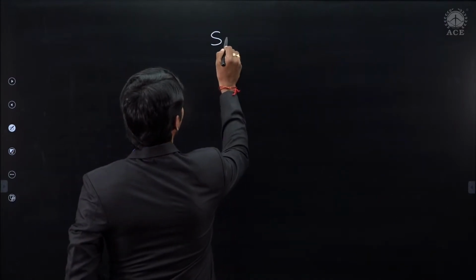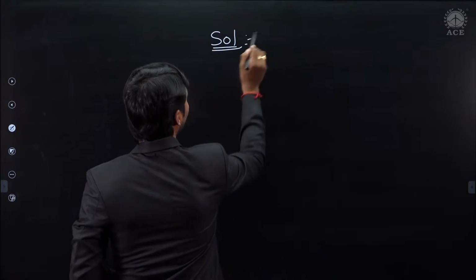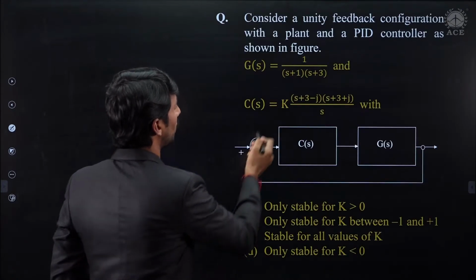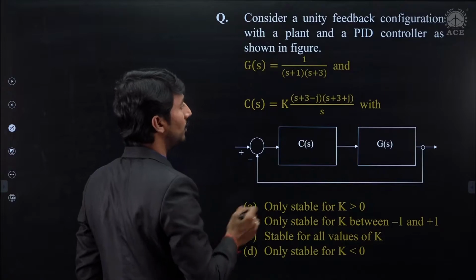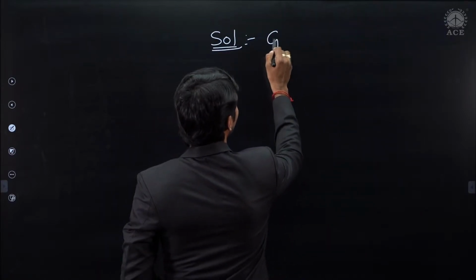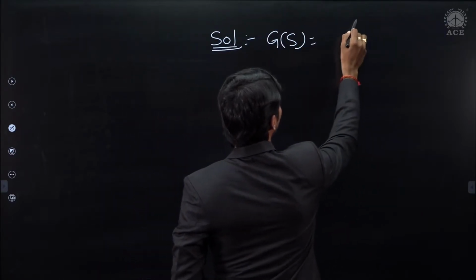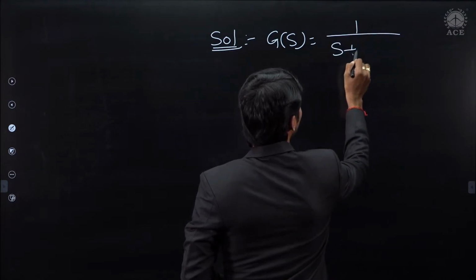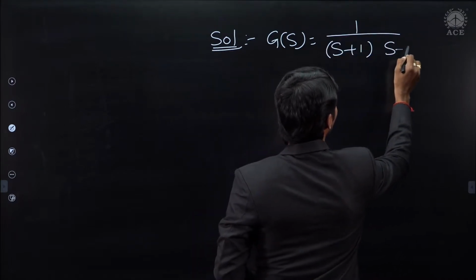What is the given data? G of S is equal to 1 by (S plus 1) into (S plus 3).